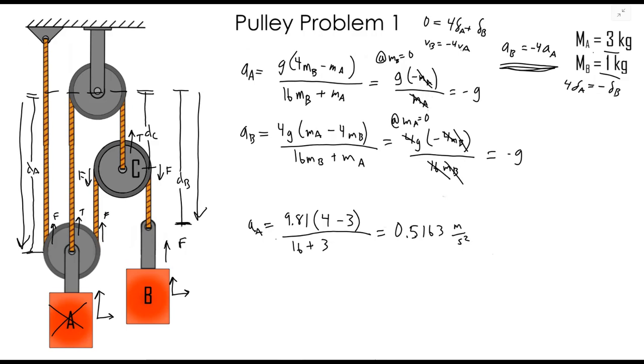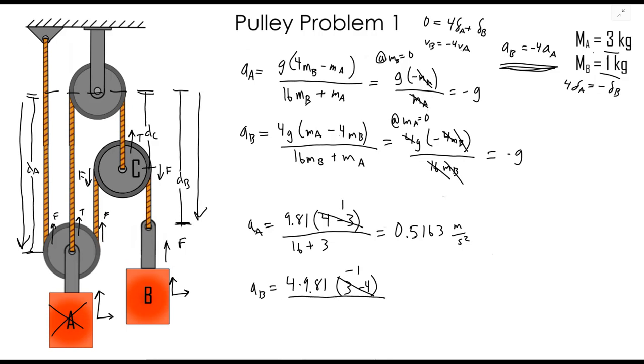Unit-wise, anyways, so let's do B. Let's do the acceleration of B now. So it's going to be 4 times 9.81, and then MA, that is 3 once again, minus 4. 3 minus 4, really that's negative 1, just like this was a 1.